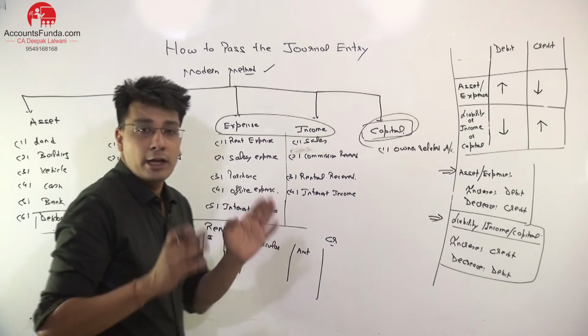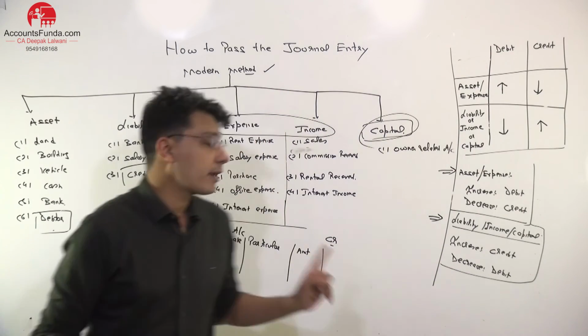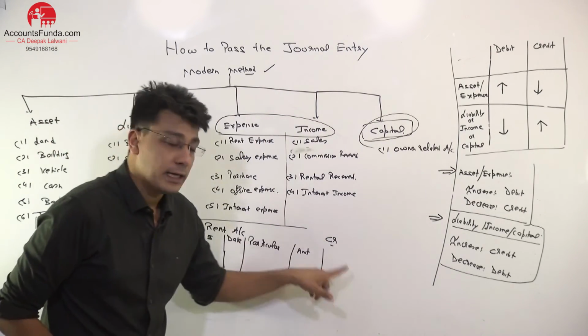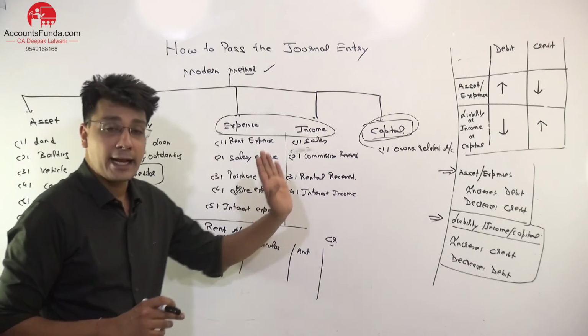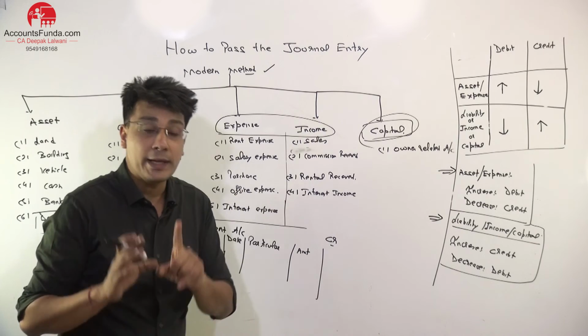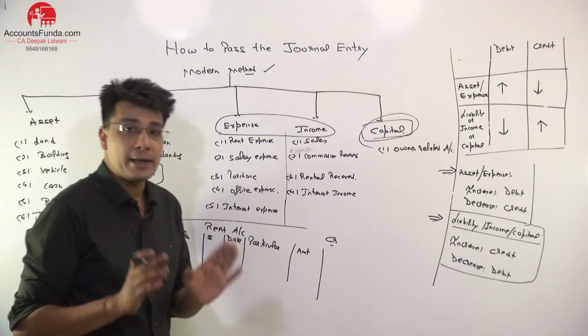So in an account, whenever we say the left side, it is called debit and the right side is called credit. Why the left side is called debit and why the right side is called credit, I will explain in detail later, but now you need to understand what debit and credit are.